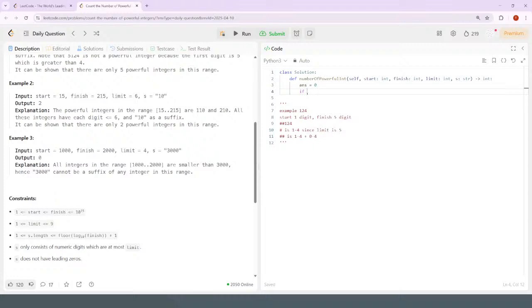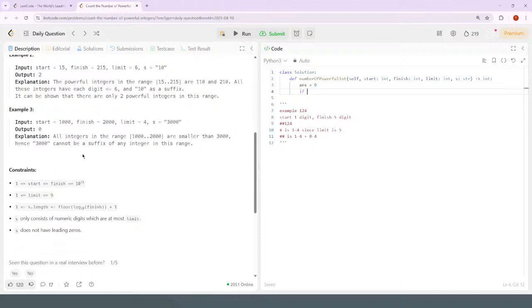Can s even be converted into an integer? I think so.